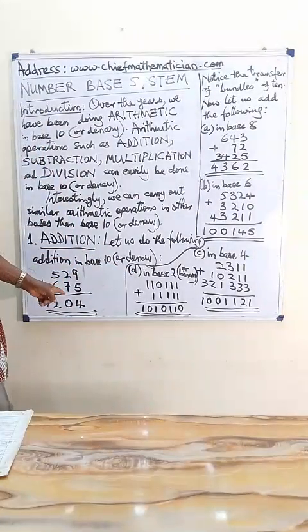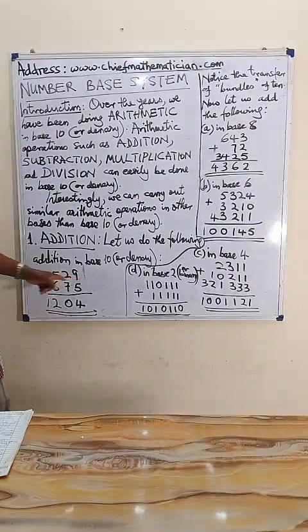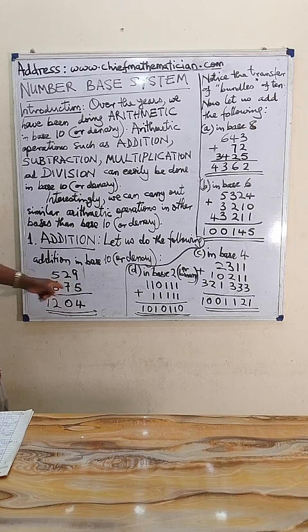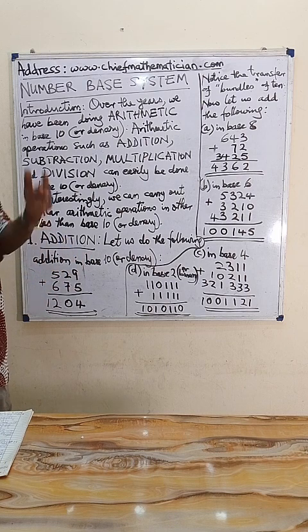Operating in base 10, the highest figure you can get is 9. You cannot get 10 in base 10. You can get 0, 1, 2, 3, 4, 5, 6, 7, 8, 9.